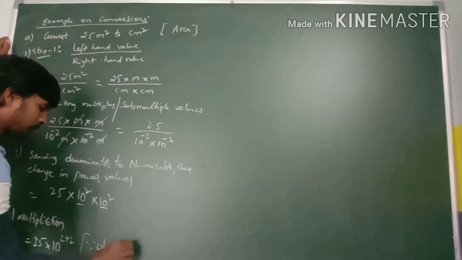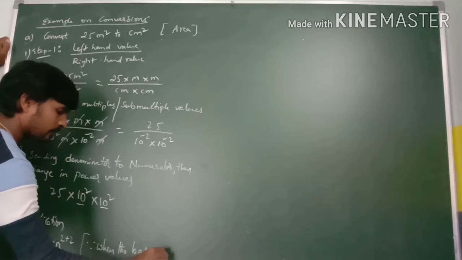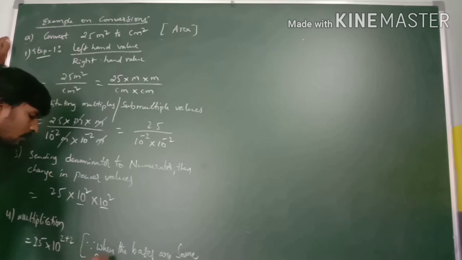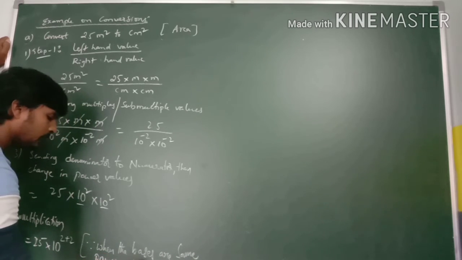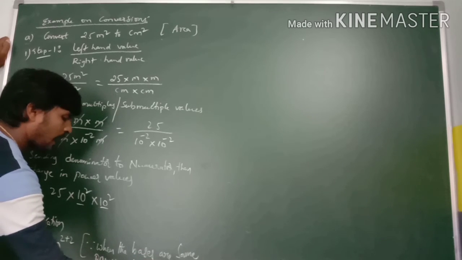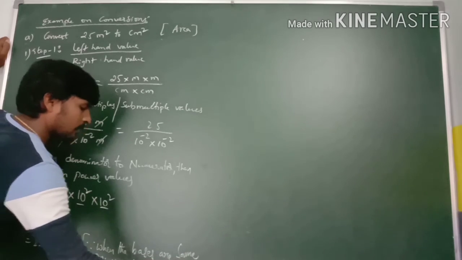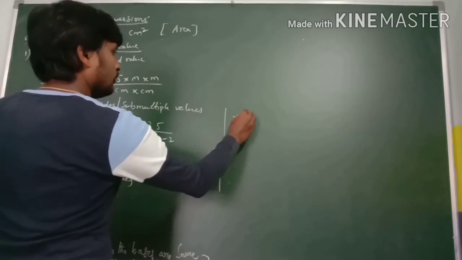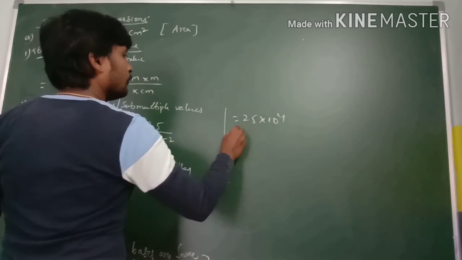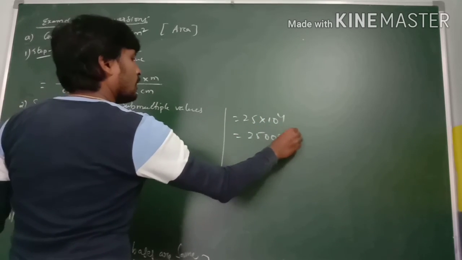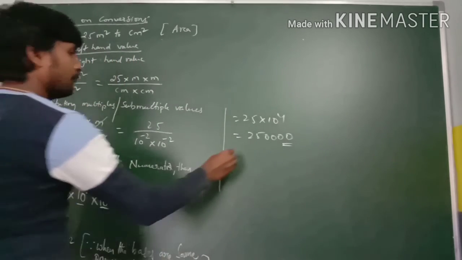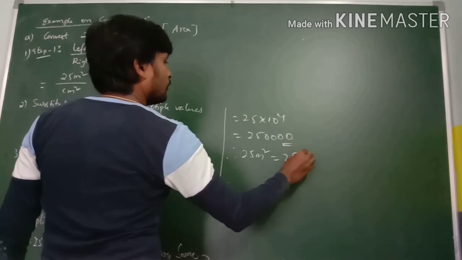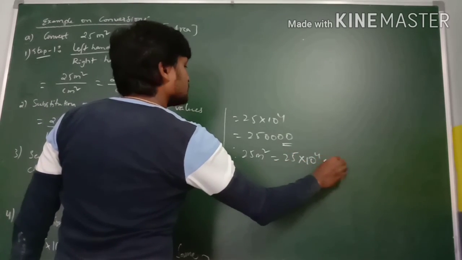When the bases are same, the power should be added. So 25 into 10 power 2 plus 2. So that is equal to 25 into 10 power 4. It is the answer. Therefore, 25 meter square is equal to 25 into 10 power 4 centimeter square.